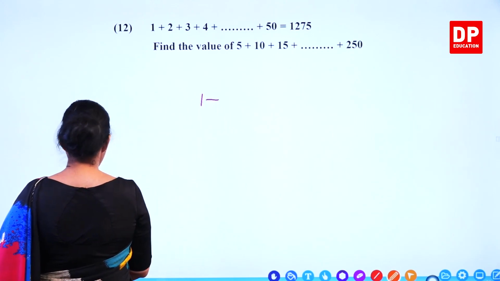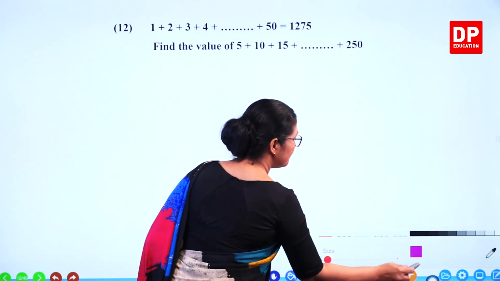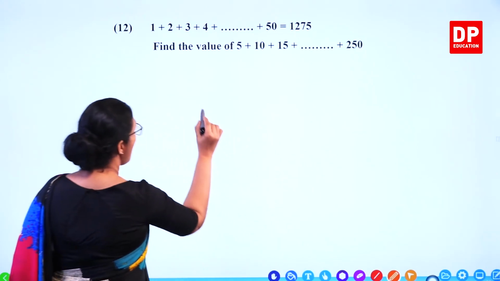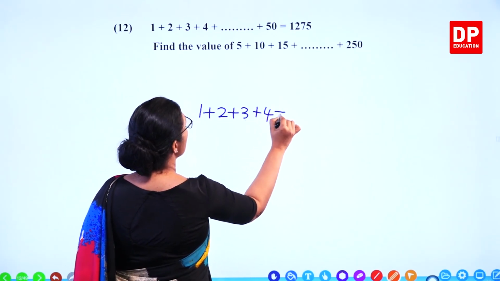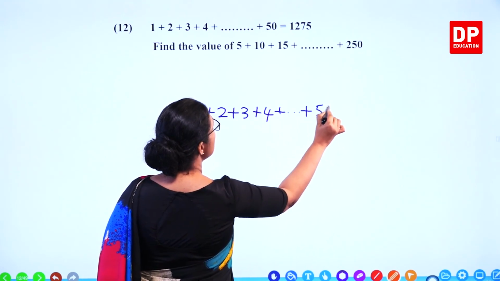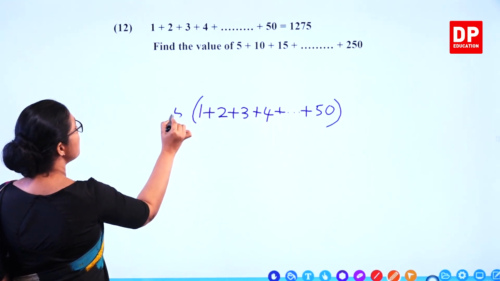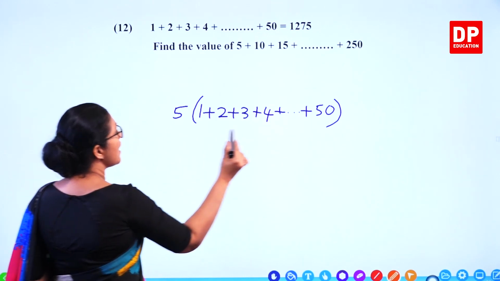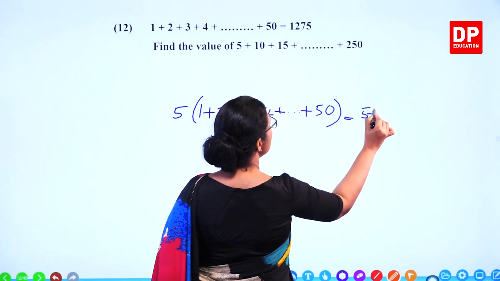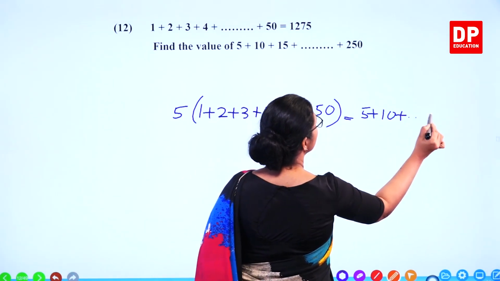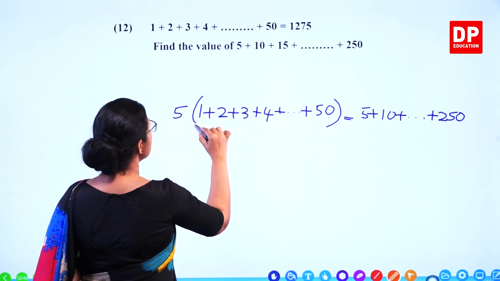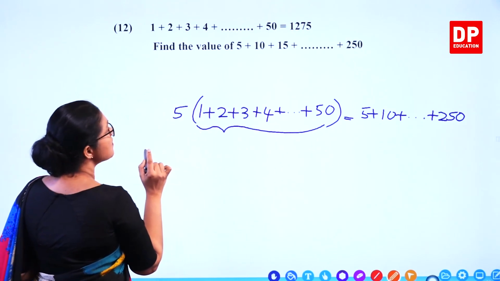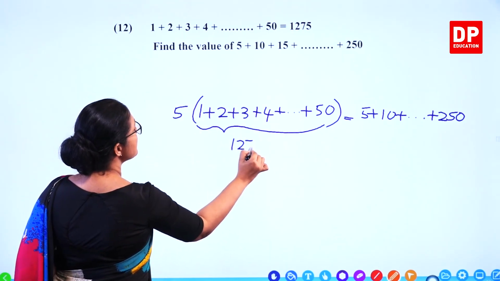So you can write 1 plus 2 plus 3 plus 4 plus up to 50. When you multiply it by 5, you get 5, 10 like that. So the sum of these numbers is 1275.